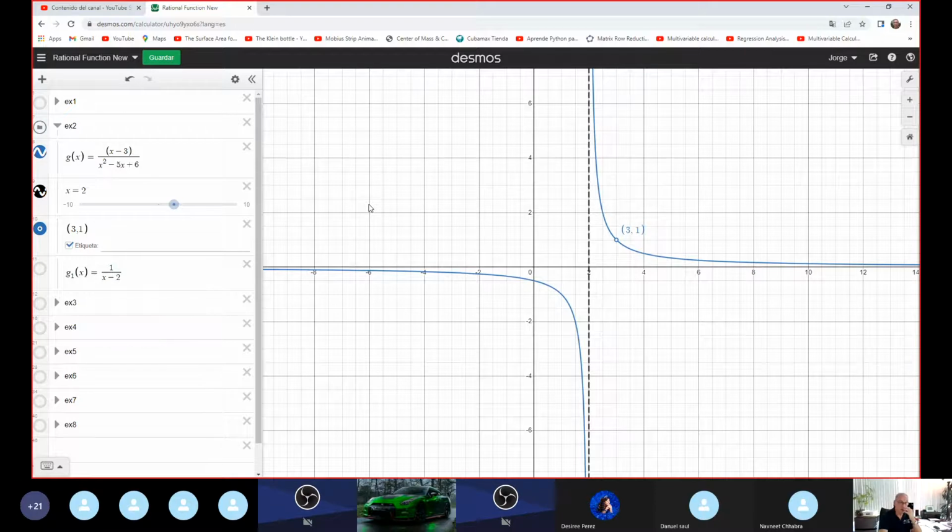But okay, evaluate in the other function after you cancel out the factor x minus 3, the factor that produces the hole. You evaluate as 3 comma 1. This is the graph of the original that I have in blue color, including the hole.